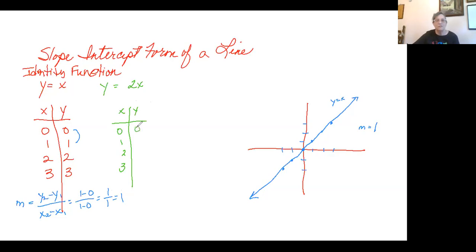So 2 times 0 is 0, 2 times 1 is 2, 2 times 2 is 4, and 6. So we've got 0, 0, 1, 2, 2, 4, negative 1, negative 2.